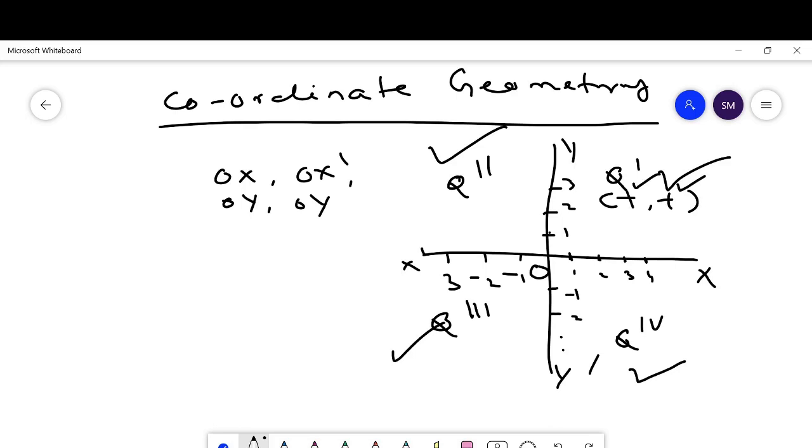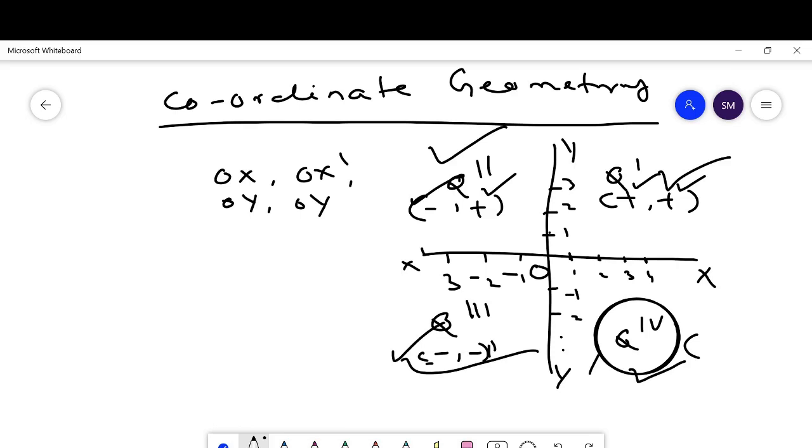In quadrant 2, minus plus means x coordinate is negative, y coordinate is positive. The third quadrant is both negative, x and y both are negative. And in the fourth quadrant, positive negative means x coordinate is positive and y coordinate is negative.